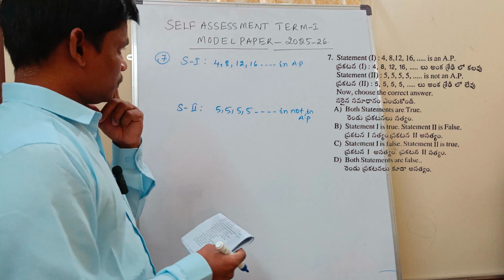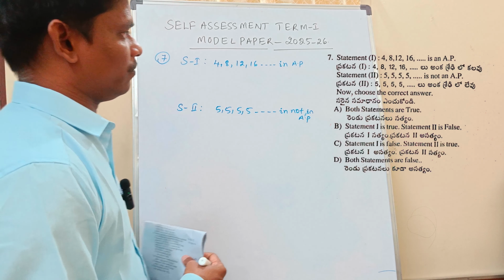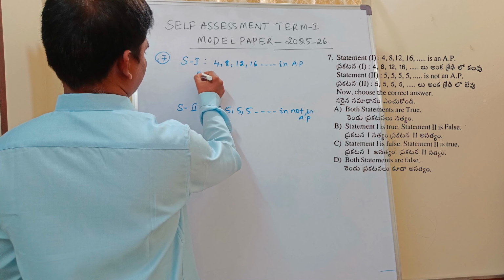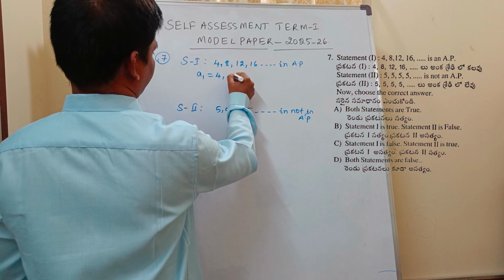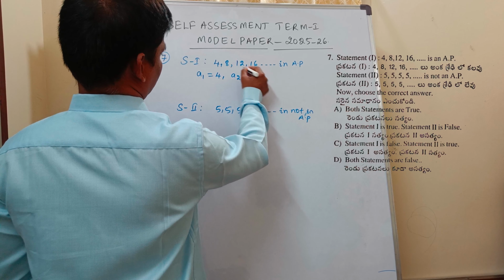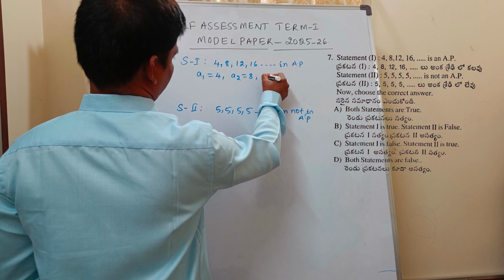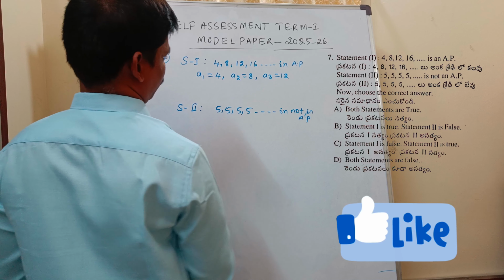So observing the first one, what is an arithmetic progression? In the given series, the common difference is the same, and only then is the series an arithmetic progression. Here the first term a1 is equal to 4, the second term a2 is equal to 8, the third term a3 is equal to 12.